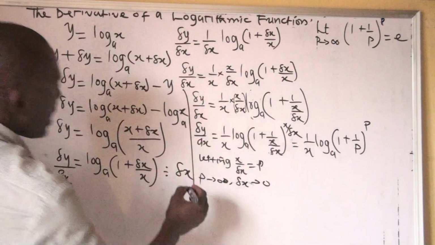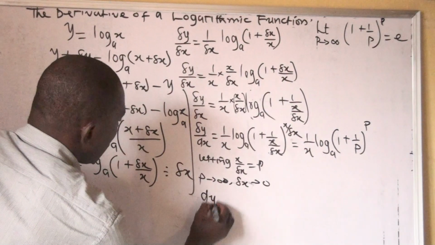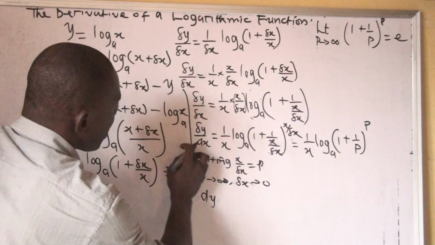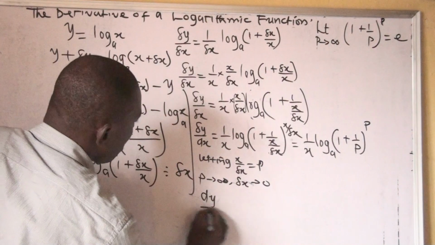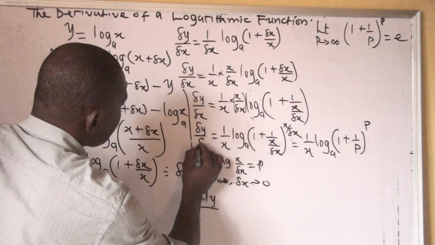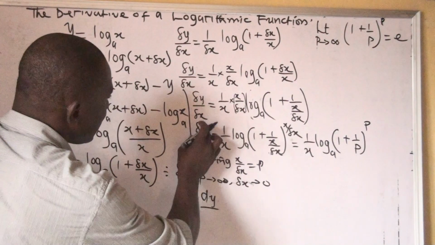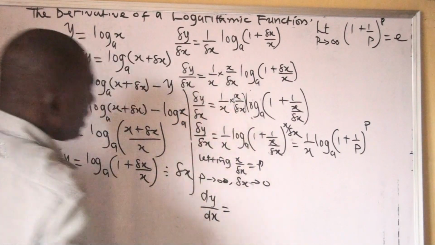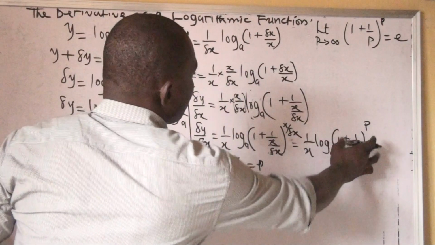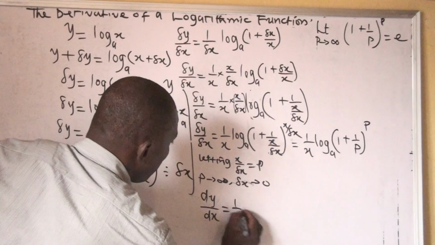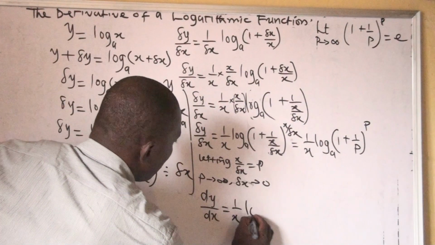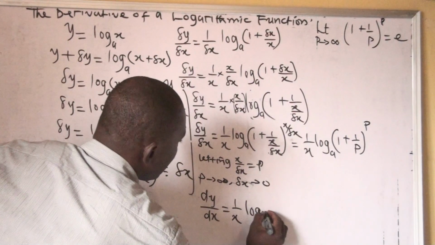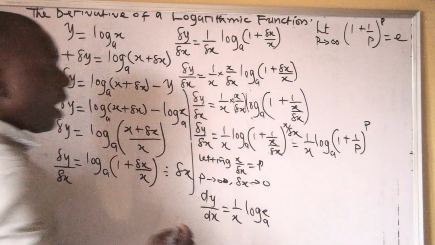So delta y over delta x becomes dy/dx, and the whole expression becomes 1 over x log e base a.